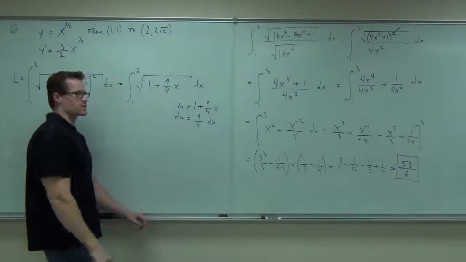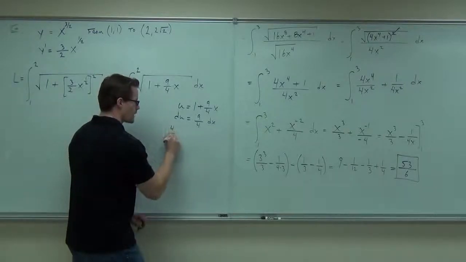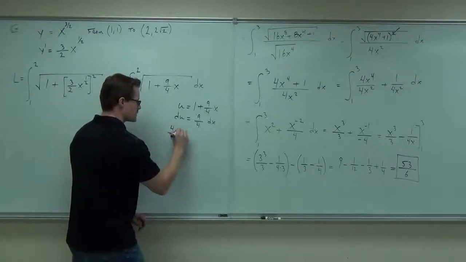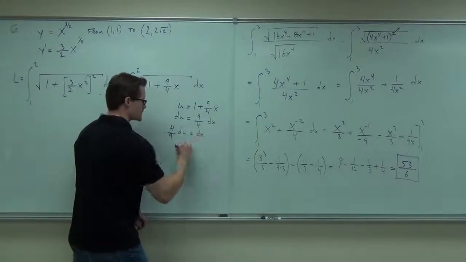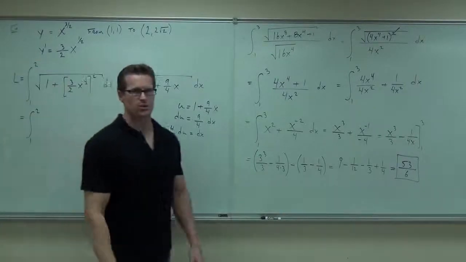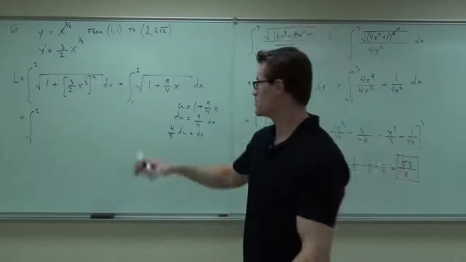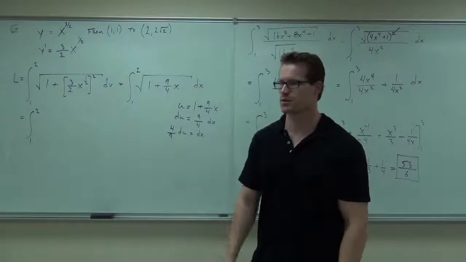If we have du equals 9/4 dx, if we reciprocate it, we get 4/9 du equals dx. Well, let's keep going with that. That's great. We got 1 to 2. What was our u? Use the whole thing. So what's our integral become if I take u to be 1 plus 9/4 x?